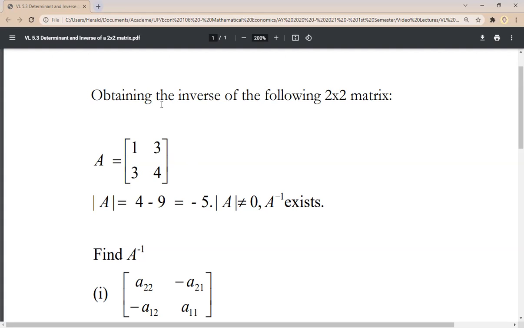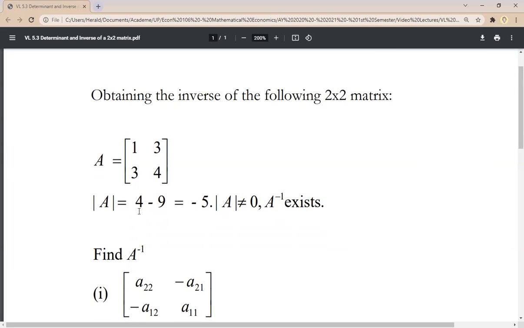Okay. So, obtaining the inverse of the following 2 by 2 matrix. This is a case, class, that is limited to a 2 by 2, because the characteristics are different when it's a 3 by 3. Okay? So, starting off for a 2 by 2, if you have a given that is equal to 1, 3, and 4, this is our original matrix A here, we will first get the determinant.